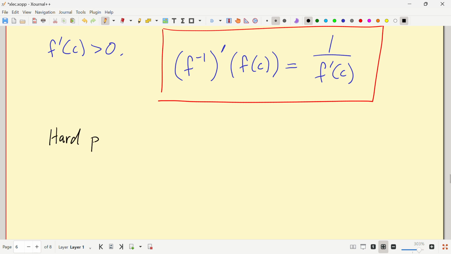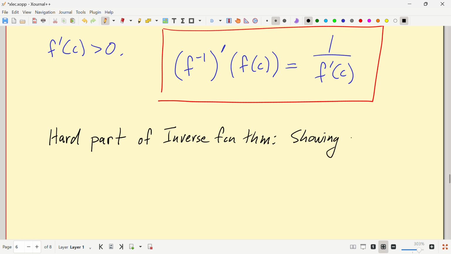The hard part of the inverse function theorem is showing that the inverse is continuous. We did that last time. So that's the hard part. It's done.